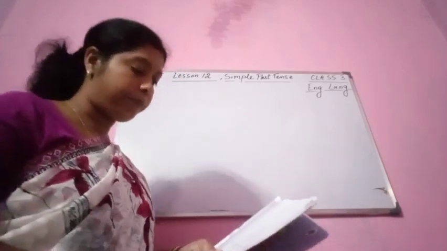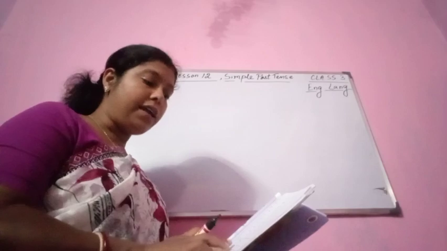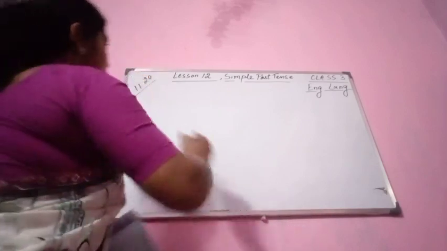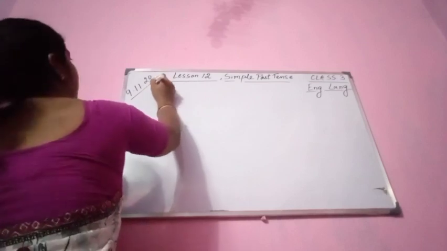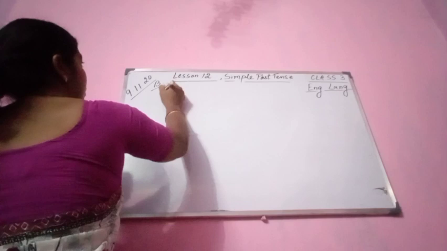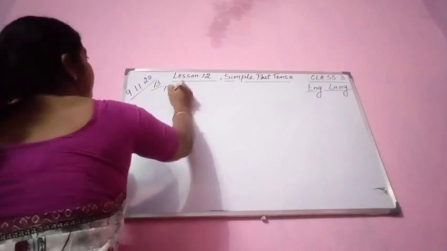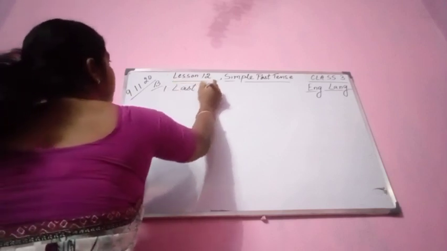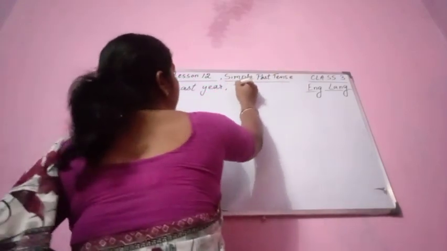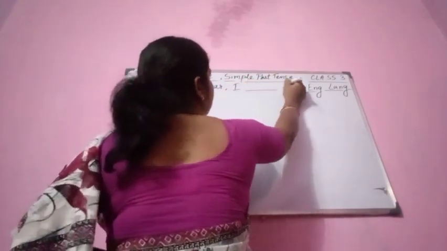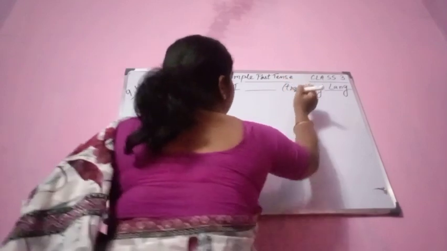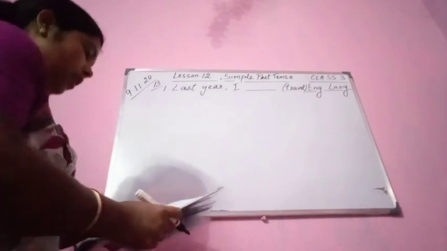Number 1: last year I dash to Yanam. The base verb is travel. I am explaining each sentence. You have to understand, my dear. Last year, comma, I, the verb that is given is travel to Yanam.